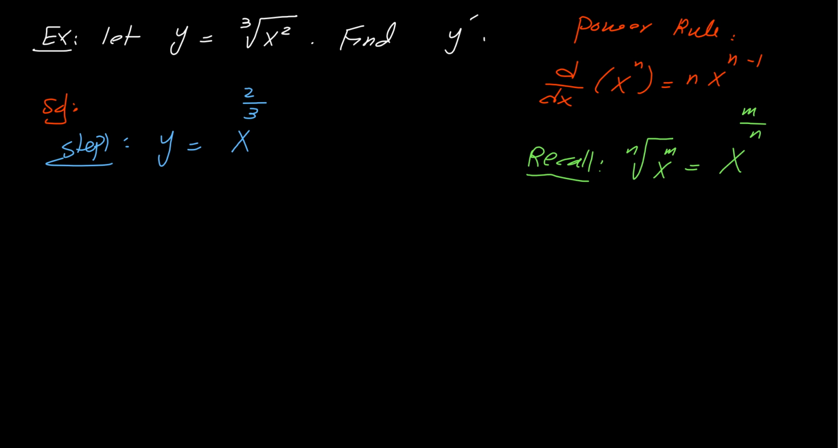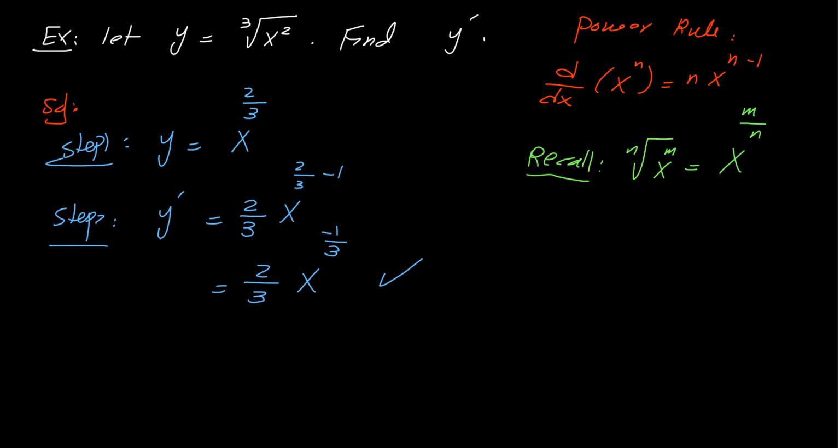Now we can apply the power rule. So the derivative y prime is equal to, we bring 2 over 3 down, and then we subtract 1. 2 over 3 minus 1 is equal to negative 1 over 3.